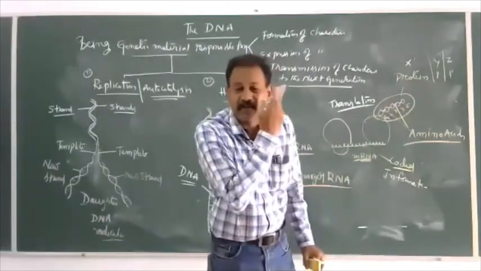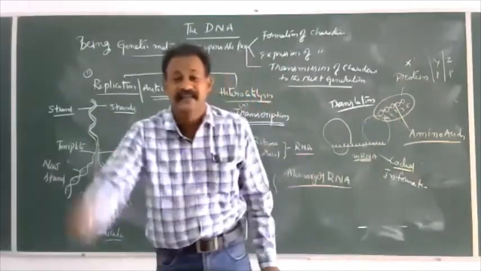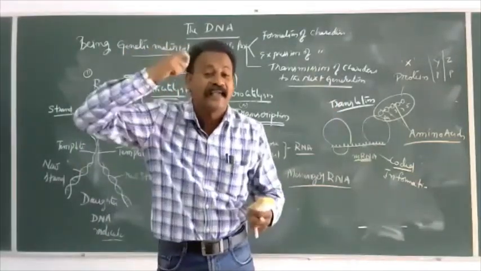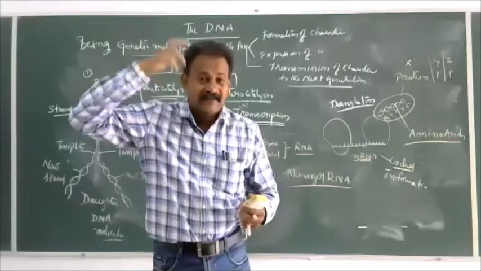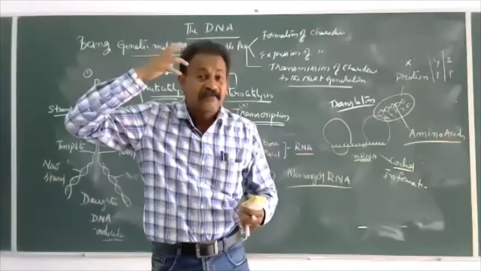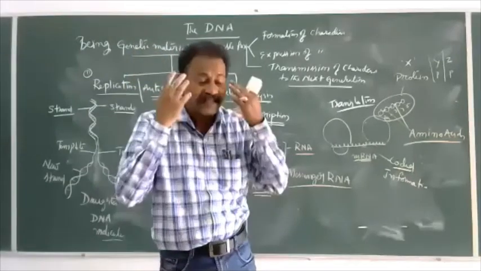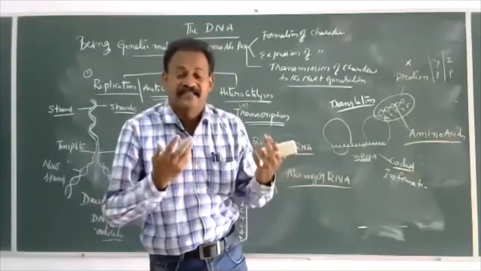In the eyes of a human being, which protein has to be synthesized? In the hair of a human being, which protein has to be synthesized? How long will hair stay black? At what time will it become old, white in color? Or how long will the eyes retain their visible power?